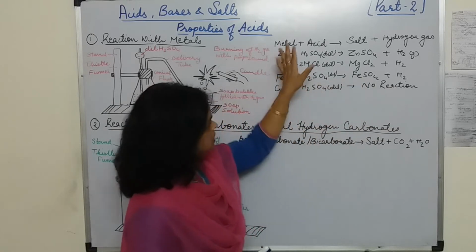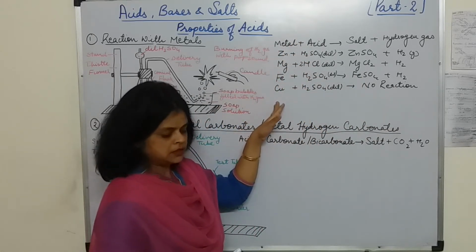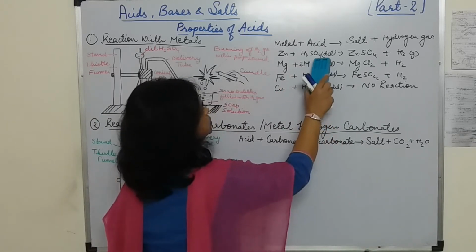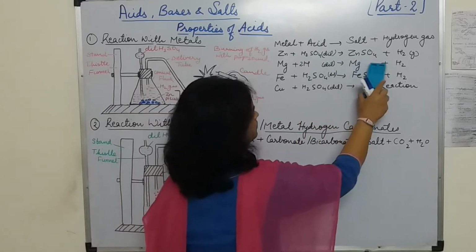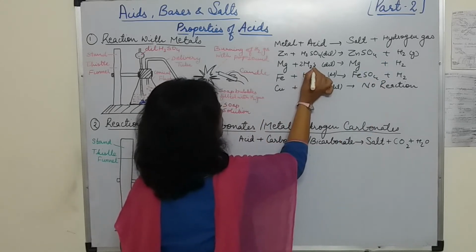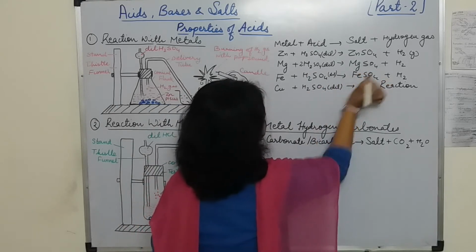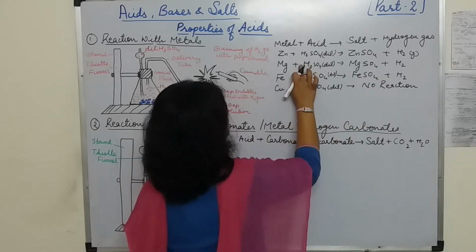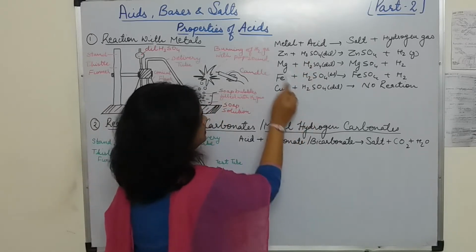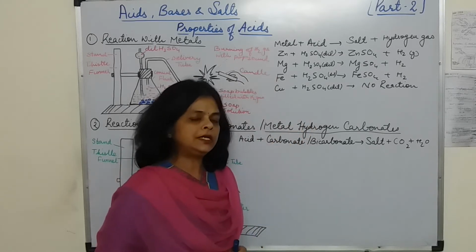Now students, keeping the acid the same, if you take different metals, suppose here instead of HCl, I take H2SO4, the formula of the salt will be MgSO4. So if we are taking the same acid and different metals, they will react according to their reactivity.